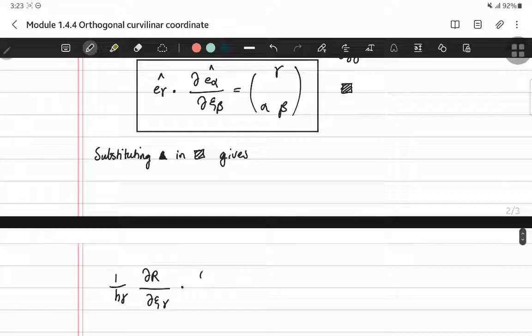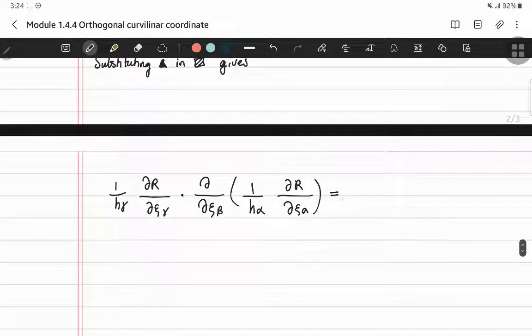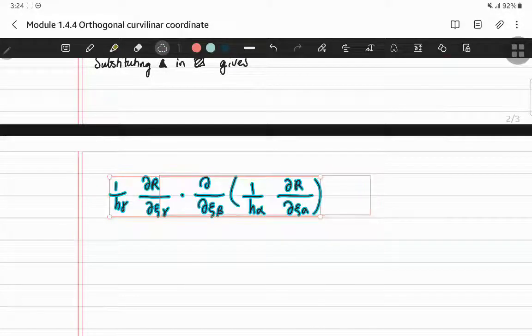Dot partial derivative with respect to Z beta of E alpha. And now this time I write 1 divided by H alpha partial derivative of R with respect to Z alpha is equal to this, let's say, Christoffel symbol. So I may shift this bit to the right.